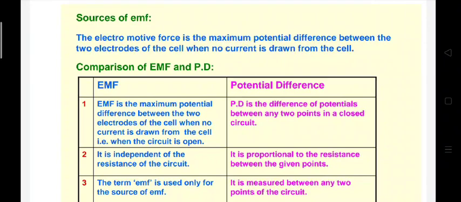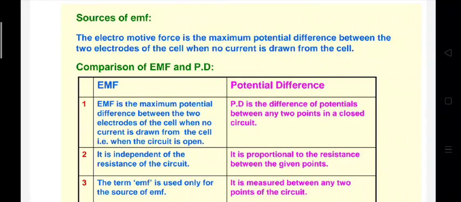Then the next one is potential difference or terminal voltage. The terminal voltage is the potential difference across the terminals of the cell when the current flows through the external circuit of the cell.